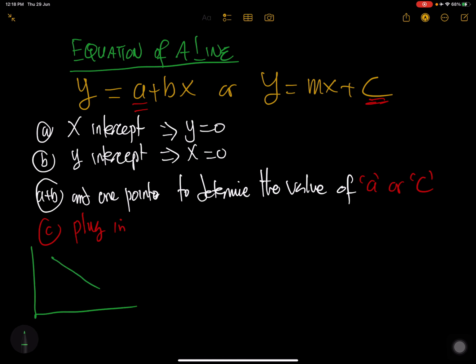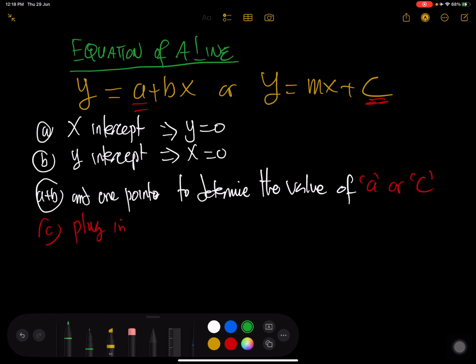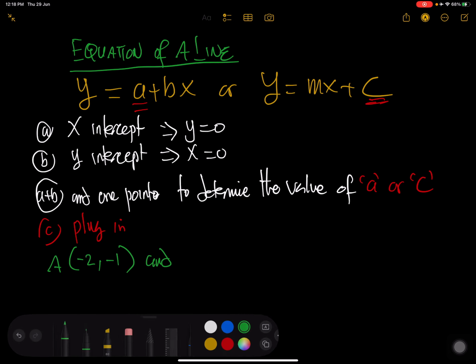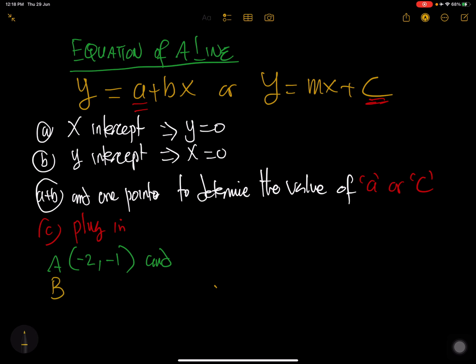Or let's say that we are not given the diagram, but we are told that the points are: point A is (-2, -1), and point B is (4, -4), something like this.